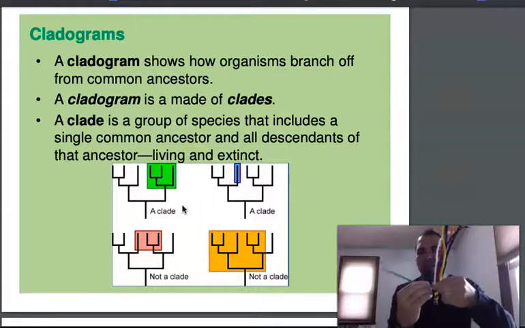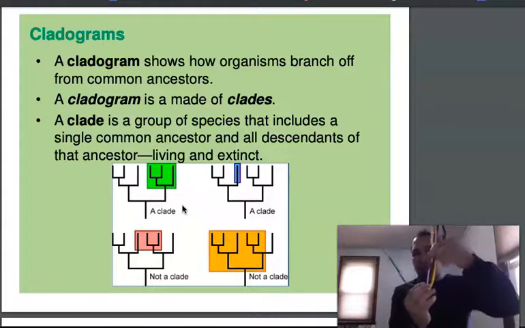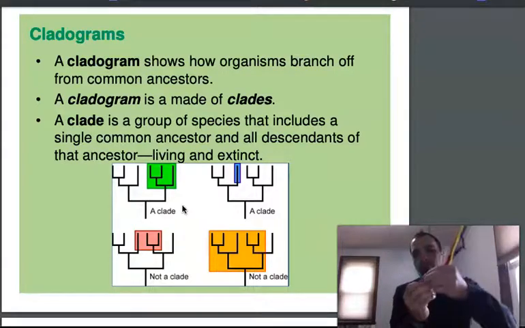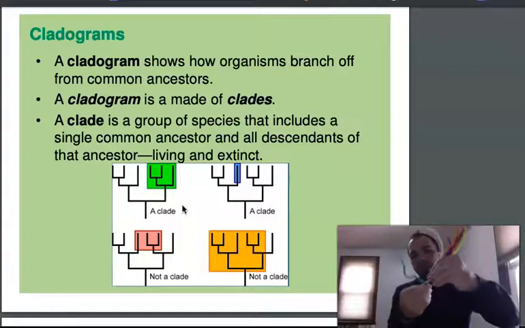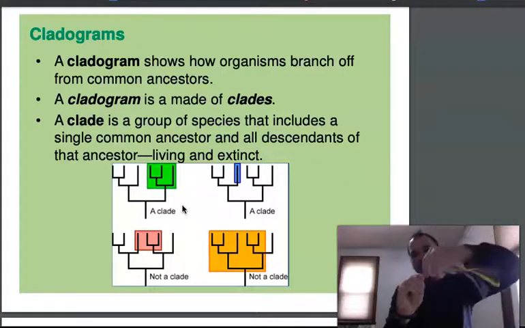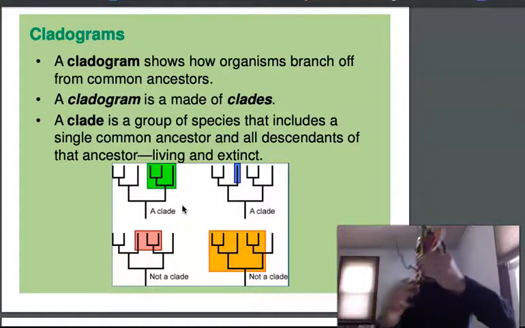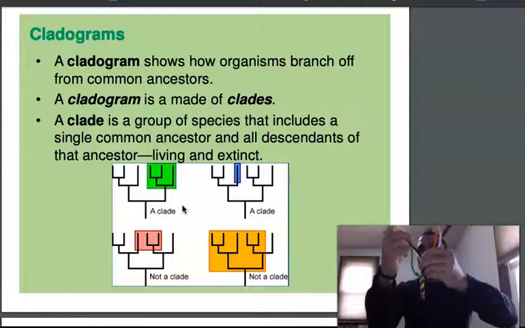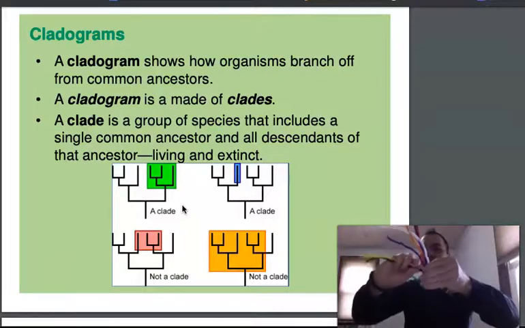There was a change in the environment, and now this green one is off by itself, and so it's a clade by itself. These groups continue together, and then some kind of change in the environment occurs, and this black and the yellow one branch off.